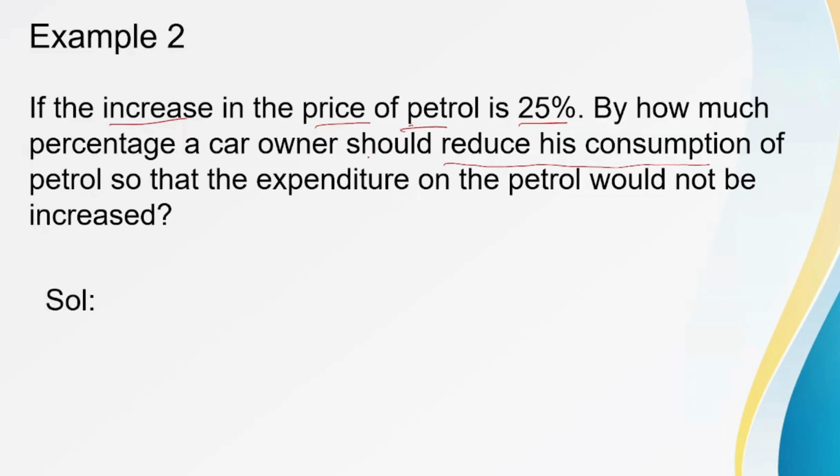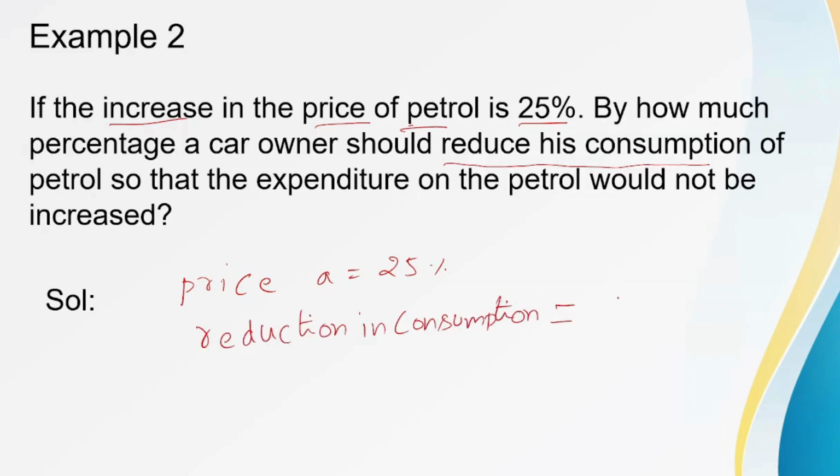So the solution here: what is the price increase? Price increase A equal to 25%. So the reduction in consumption is 25 by (100 plus 25). 100 plus 25 is 125, into 100.